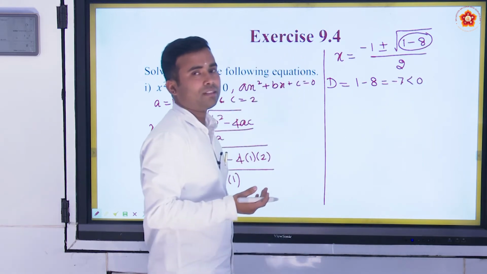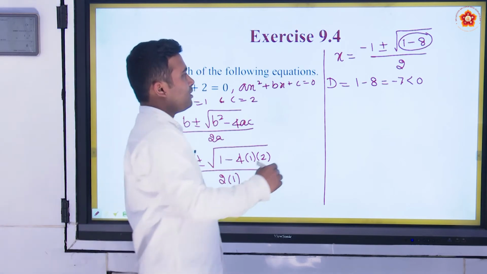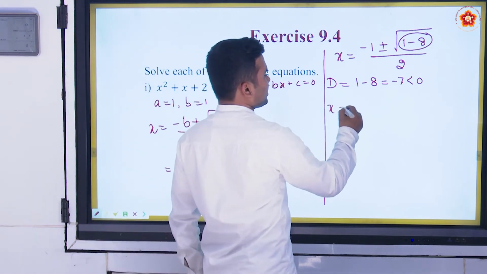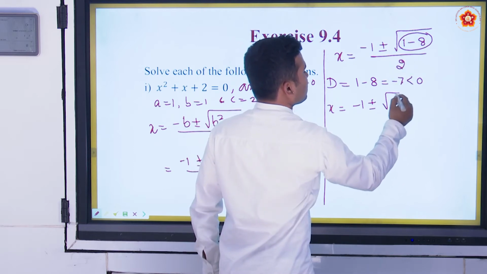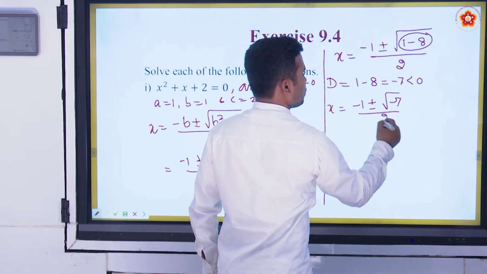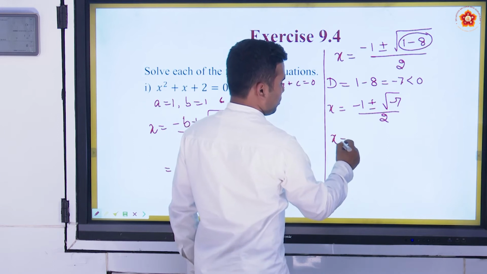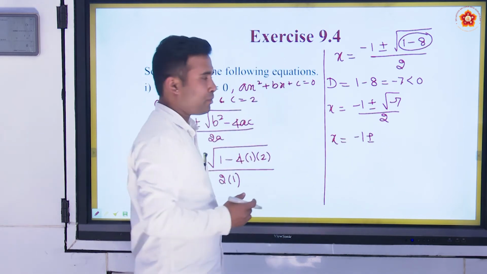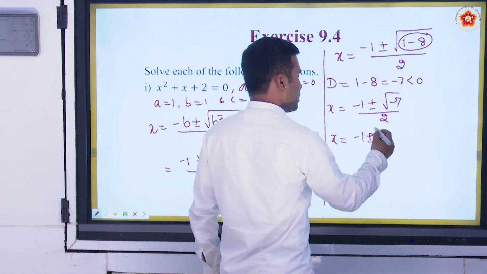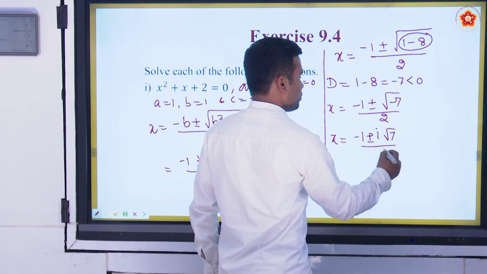Then we can say that the roots will be complex. So, x is equal to, let us simplify further, minus 1 plus or minus square root of minus 7, divided by 2, which can be written as i into root 7 divided by 2.